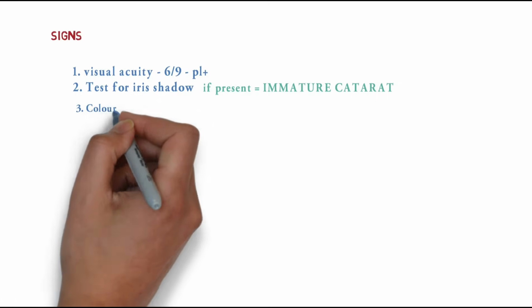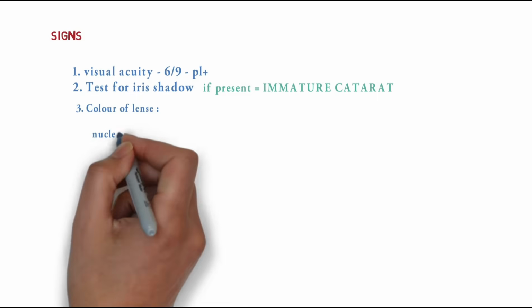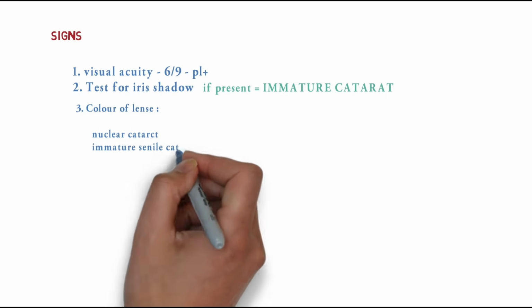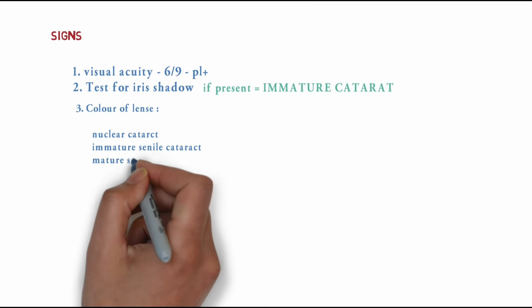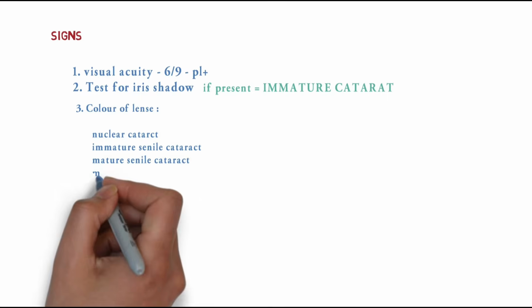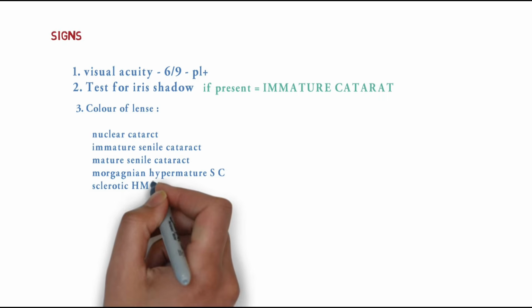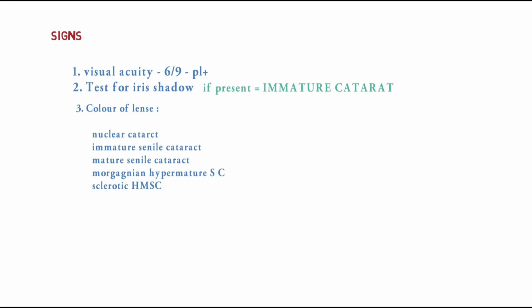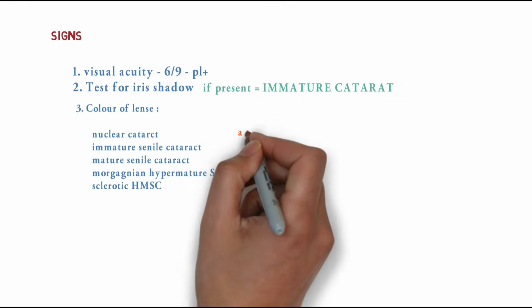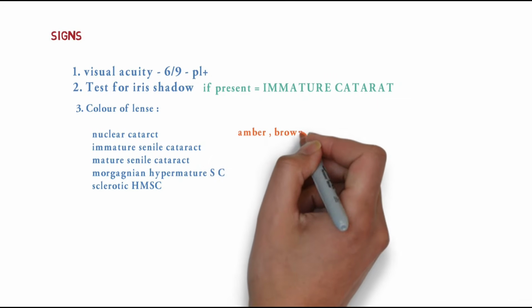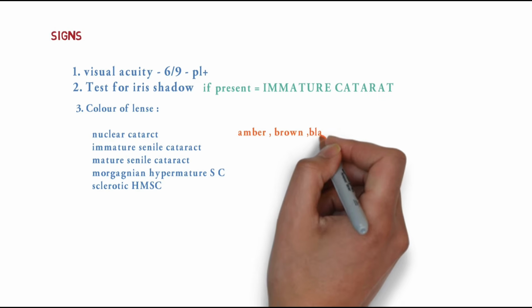Color of lens. So we discussed the stages of cataract: nuclear cataract, immature senile cataract, mature senile cataract, Morgagnian hypermature senile cataract, and sclerotic hypermature senile cataract. So what are the colors of lenses in all these types of cataract? In nuclear cataract there is amber, brown, black or reddish color of lens.